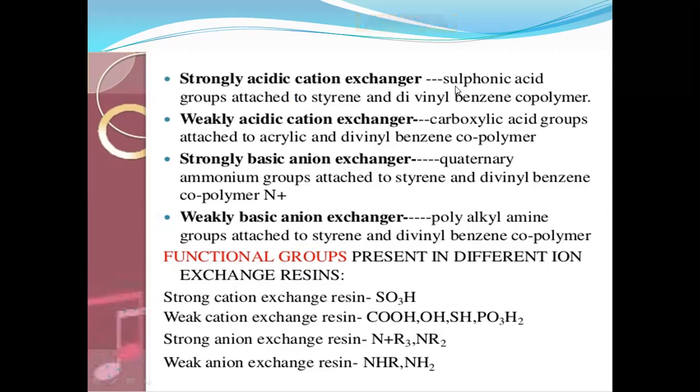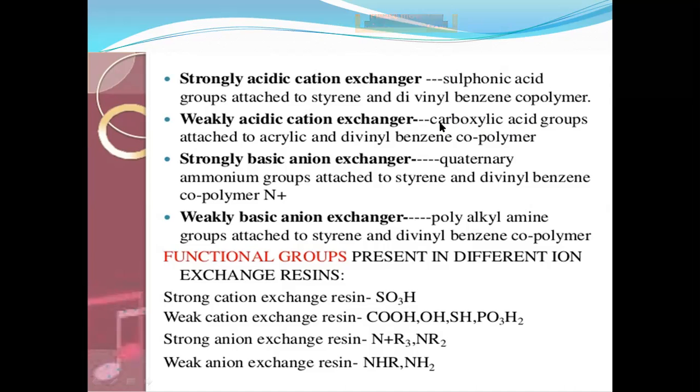Sulfonic acid, as we know, is one of the strongest acids, so it readily gives up H plus. H plus is a cation. So the sulfonic acid group promotes cation exchange. In the weak case, the sulfonic group is replaced by a COOH group. COOH is an organic acid, and sulfonic acid is a strong acid, far more acidic than organic acids.